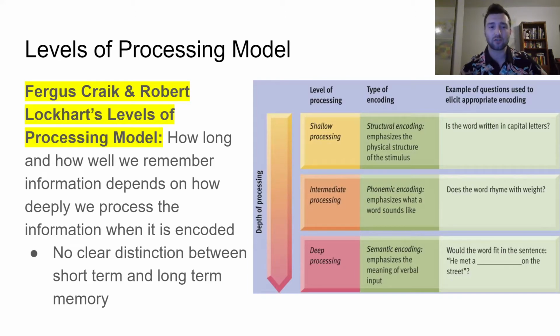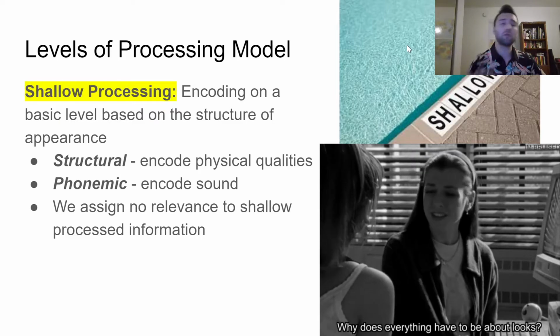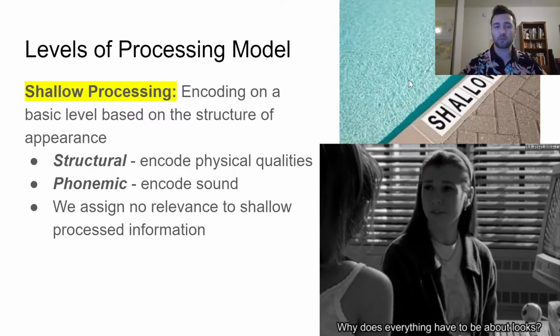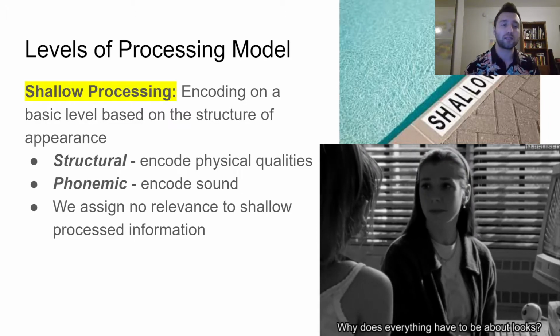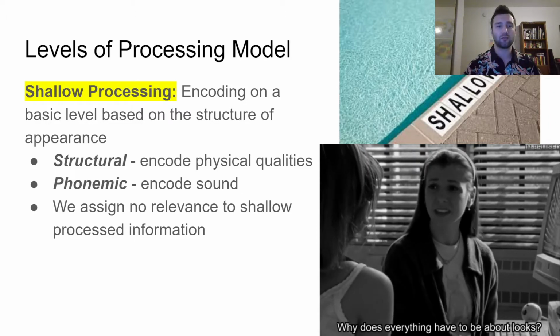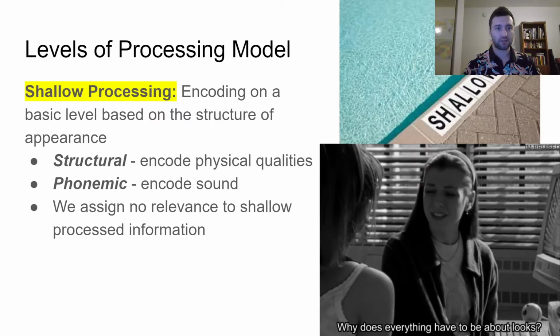This varies. Some people will just say shallow or deep, other times they'll break it up into three: shallow, intermediate, and deep. The textbook that I used broke it up into only two pieces, either shallow or deep.